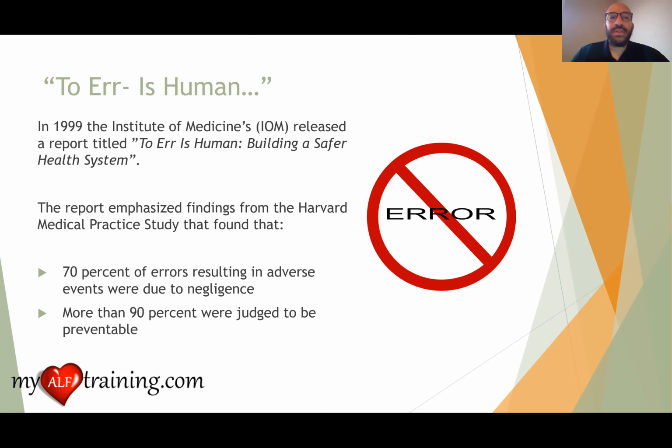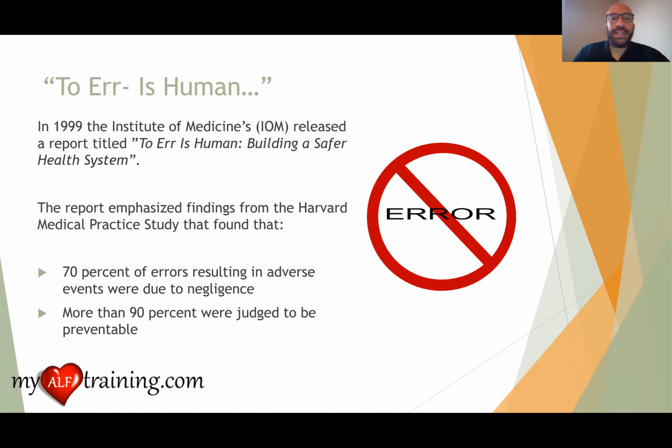A Harvard team of researchers and doctors launched a study and gave that information to the Institute of Medicine. That study showed that 70% of errors resulting in adverse events were due to negligence. So that's huge.